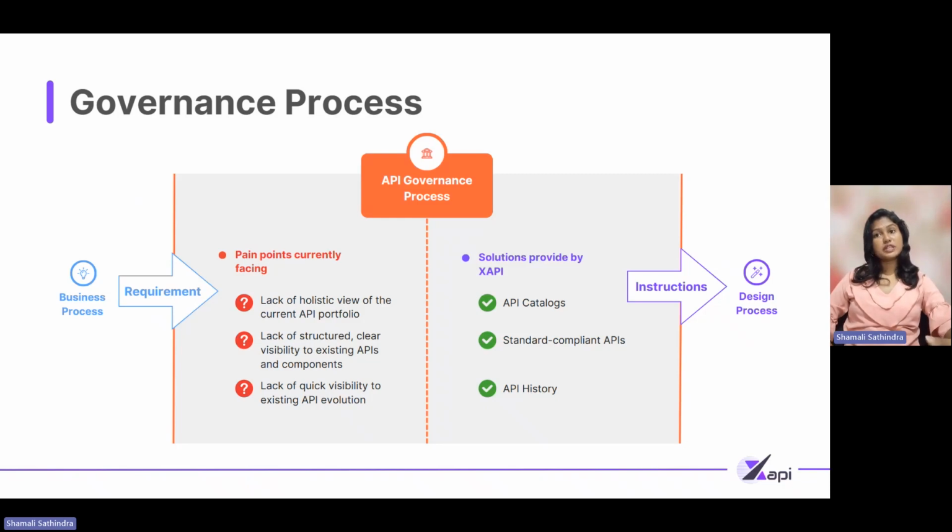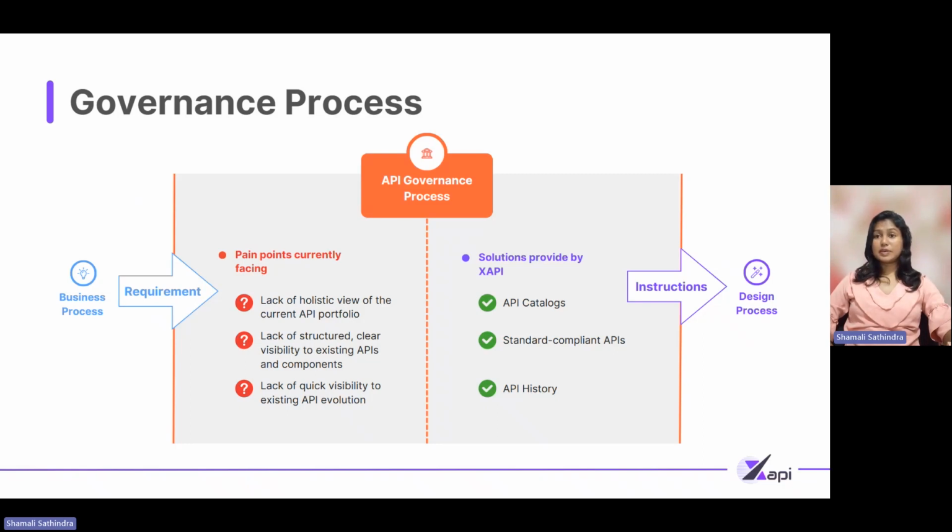Even after spending so much time, if they find similar APIs, then they have to redundantly spend time analyzing those one by one to check the current status of each API and how these APIs evolved over time. So in such a setting, the API governance team's time is inefficiently spent just to analyze and prioritize API requirements.